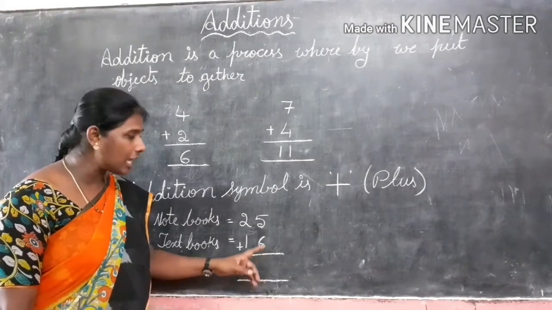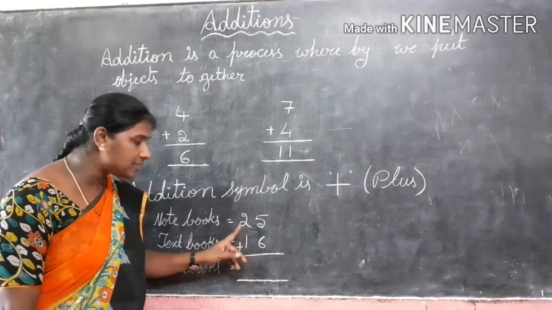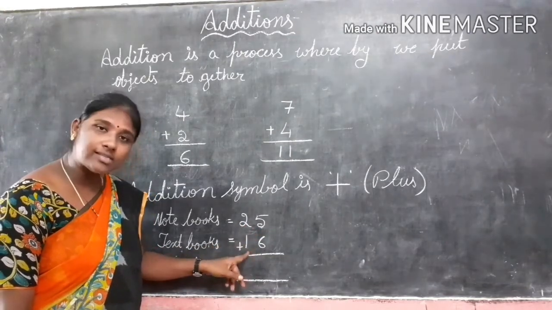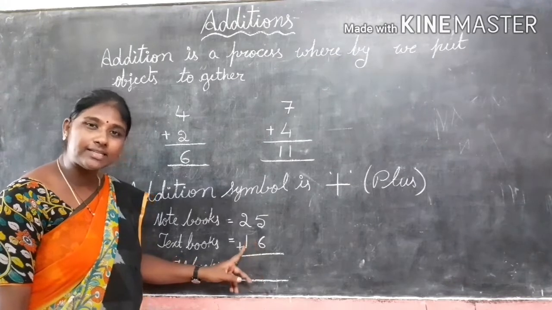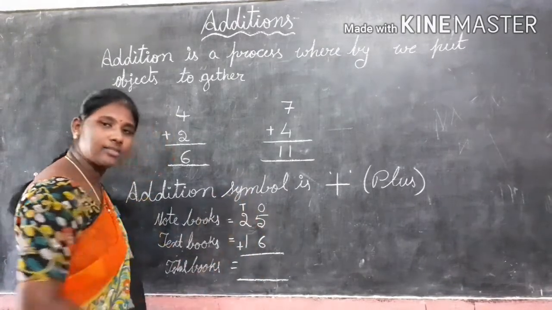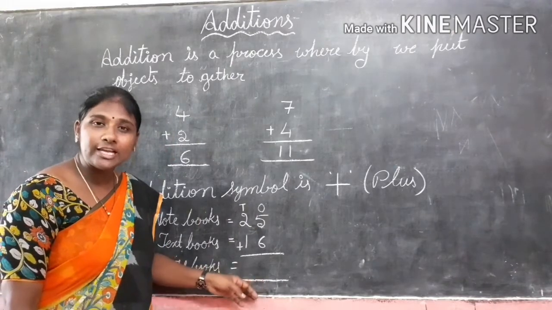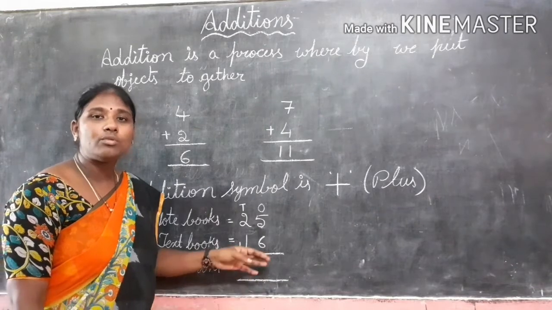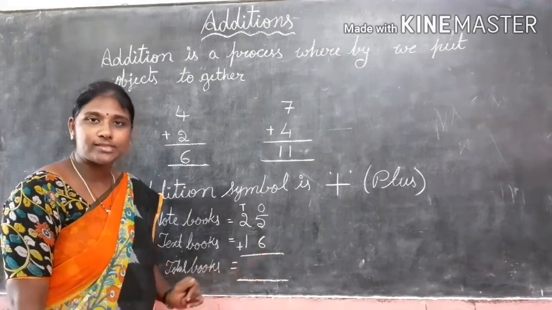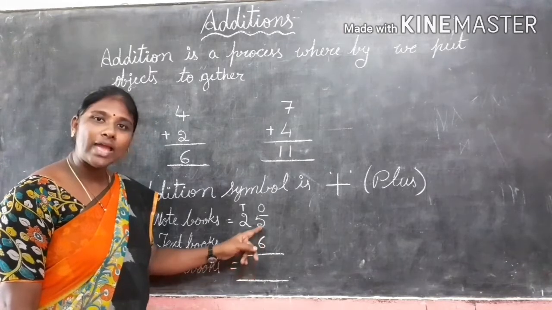If you observe, this is 25. This is 1's place and this is 10's place. This is also 16, with 1's place and 10's place. What do we have to do? Addition. While doing addition, from which side do we start? We start from the 1's place. 5 and 6.